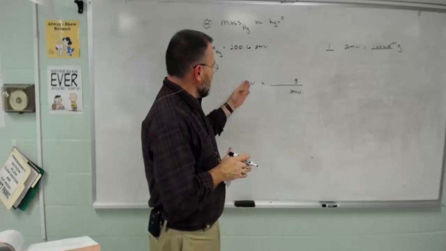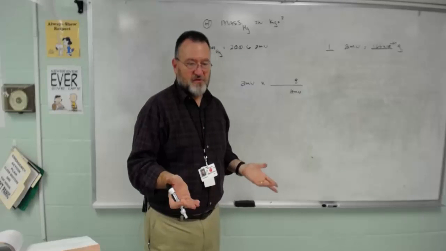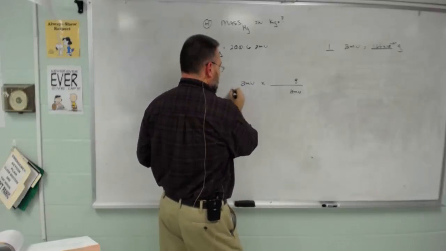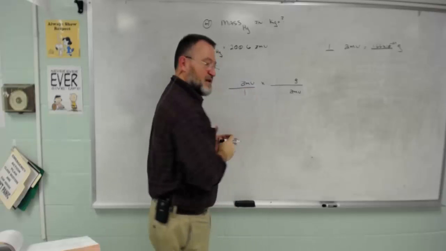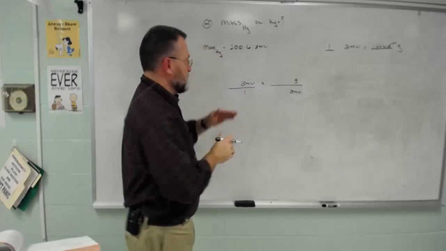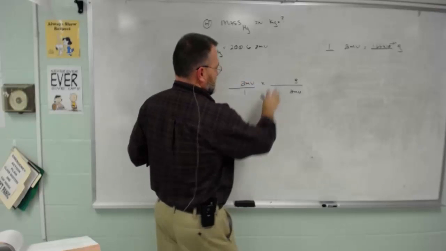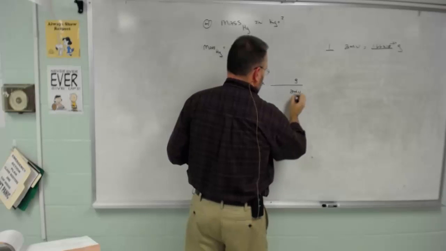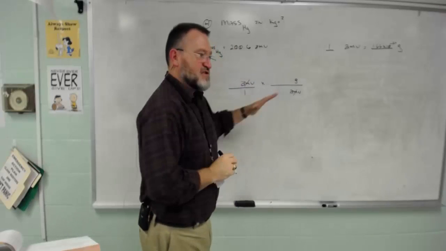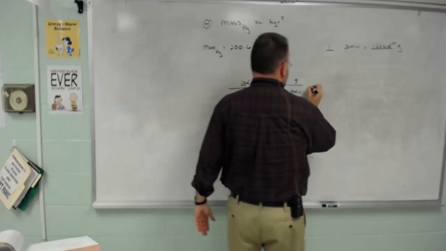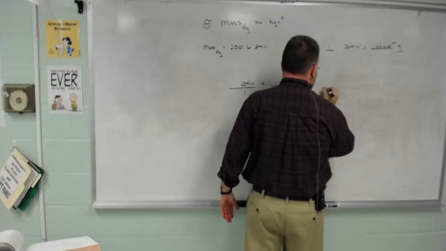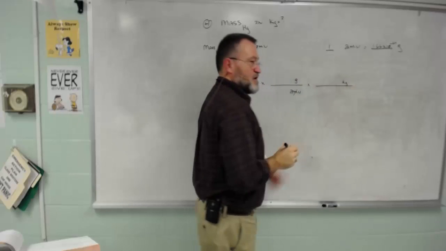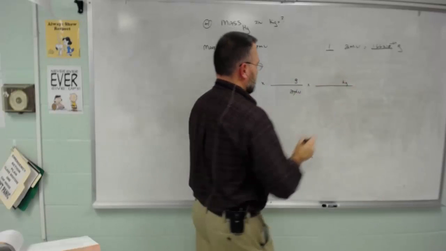So if I do this, do you see that my answer is going to be in grams? When you have a number here, it's the same as writing that same thing all over 1, if that gets confusing to you. That helps you see that this AMU is in the numerator, this AMU is in the denominator, and that would cancel and leave me with grams. But that's not what I'm asked to solve for. I'm asked to solve for kilograms, and in order to solve for kilograms, I need to get rid of grams.